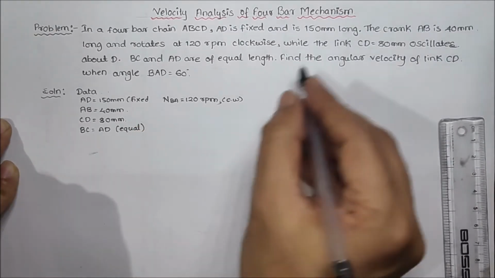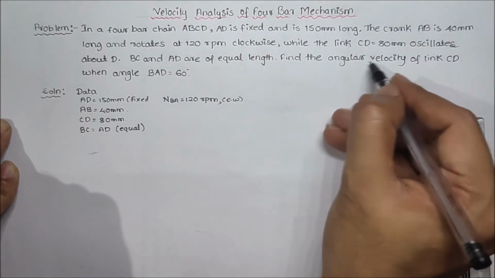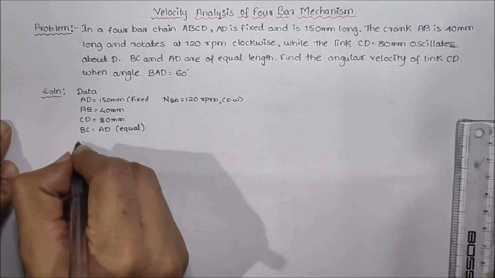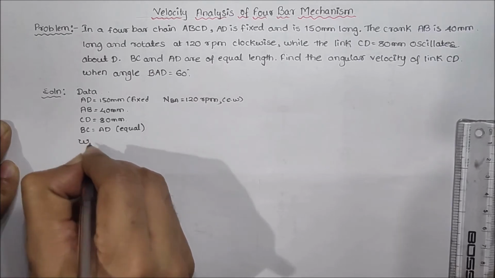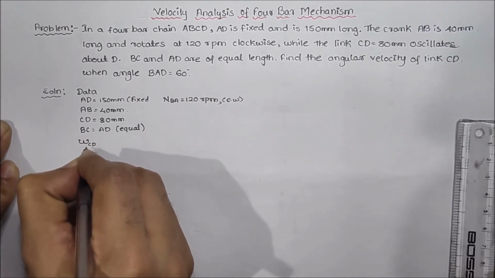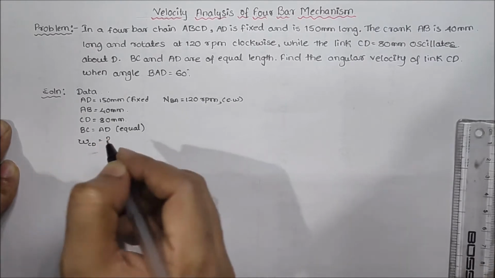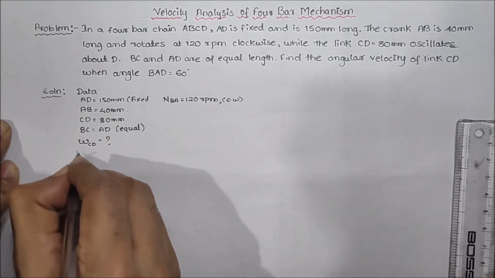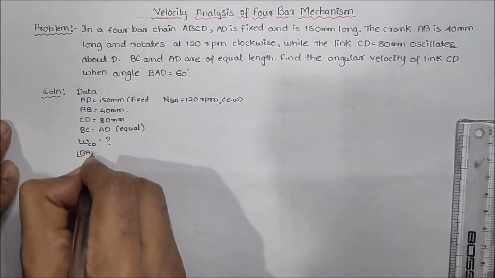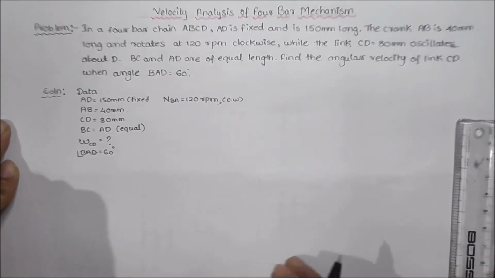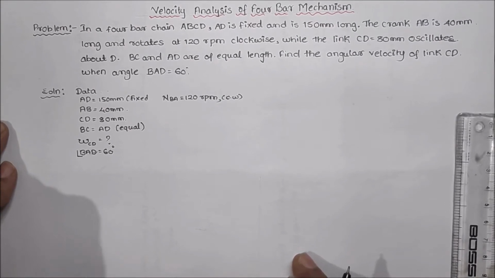Then what he has told to find the angular velocity of link CD. So angular velocity omega of C with respect to D equal to question mark. Then angle of BAD equal to 60 degree. So this has to be found out.